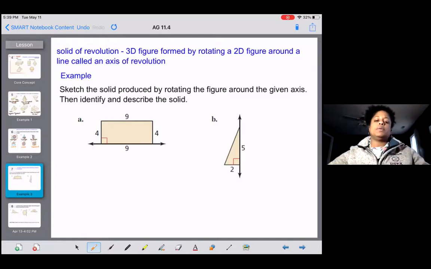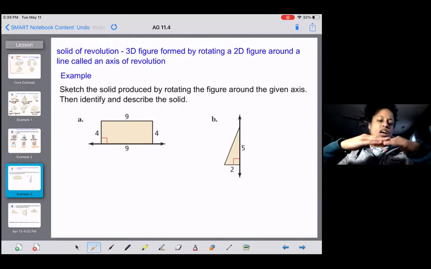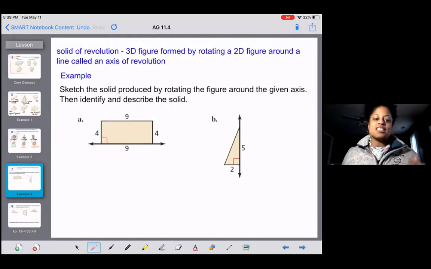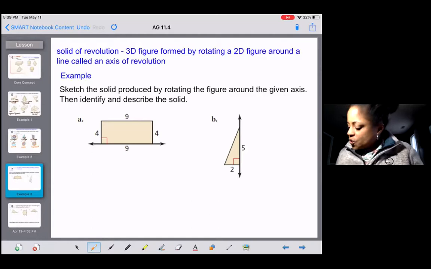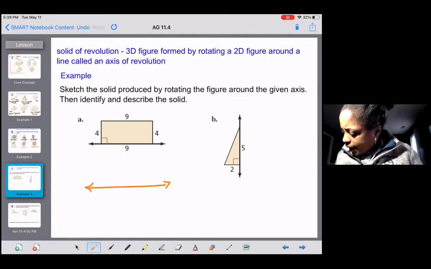There are going to be circles in there, but also rectangles, because we're starting with a rectangle. Hopefully you can see what that would be. And I really hope you said to yourself, I think that's going to be a cylinder, because that's exactly what it's going to be.